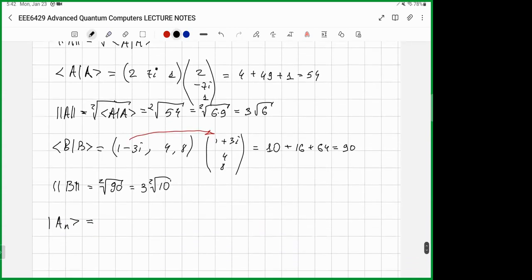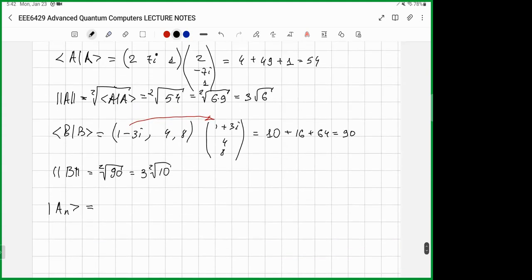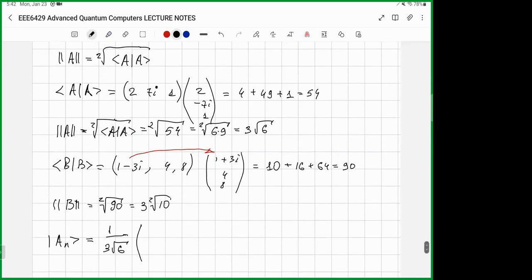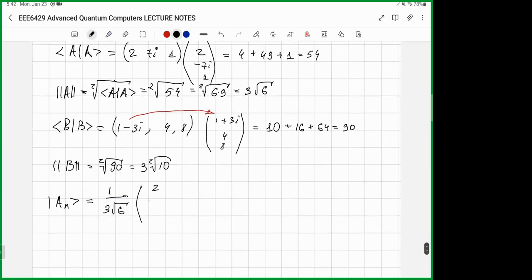So the norm of vector a was 3 square root of 6, so we divide. We write 1 over 3 square root of 6, and then the vector itself, which was 2, minus 7i, and 1. Okay, so this is my first normalized vector.